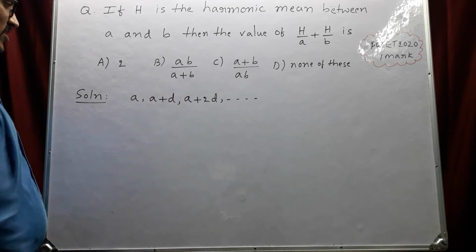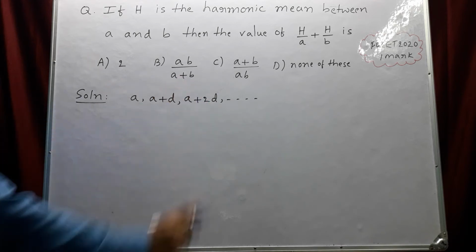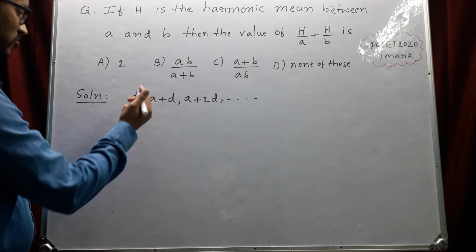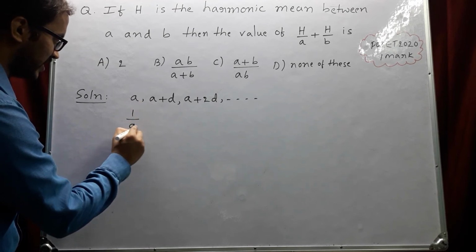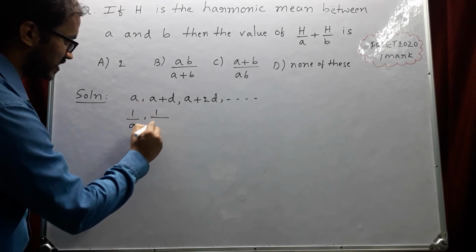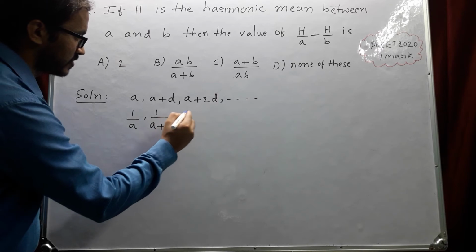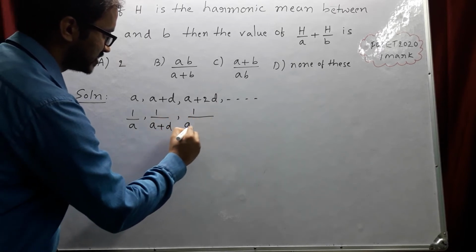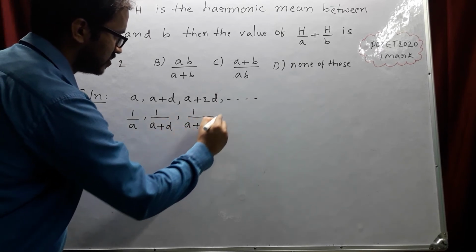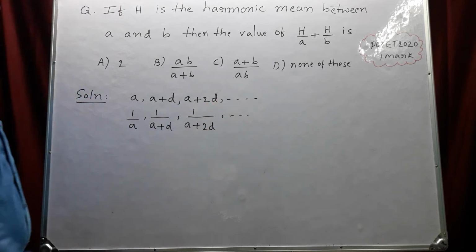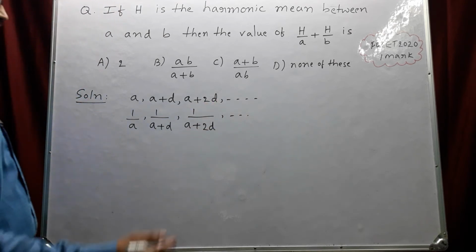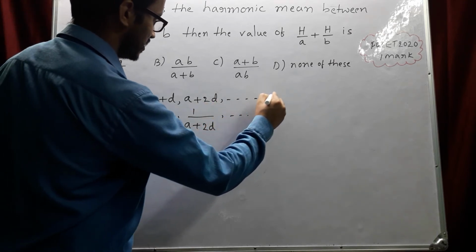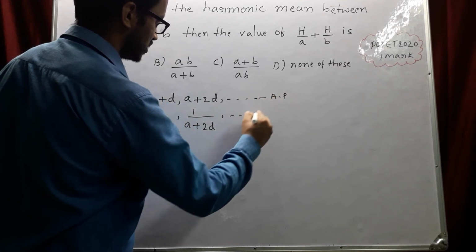If you take the reciprocal of an arithmetic progression, that is 1 by a, 1 by a plus d, 1 by a plus 2d, this sequence we call a harmonic progression. So this is the arithmetic progression.